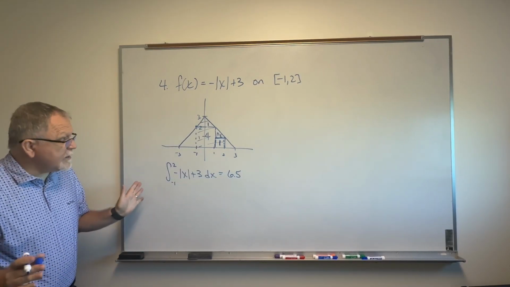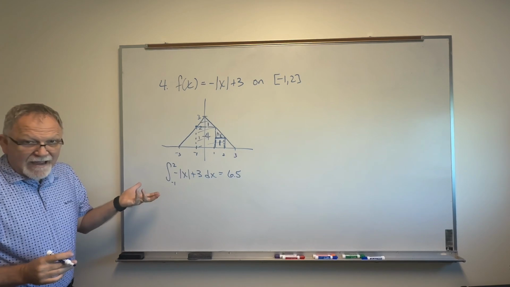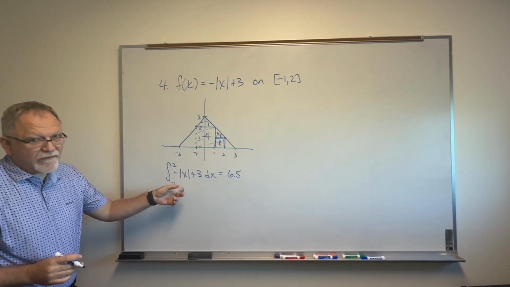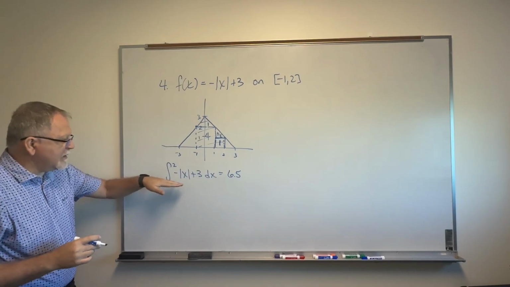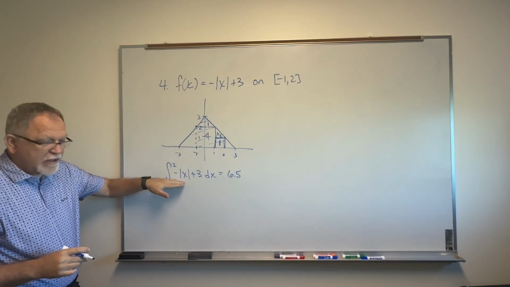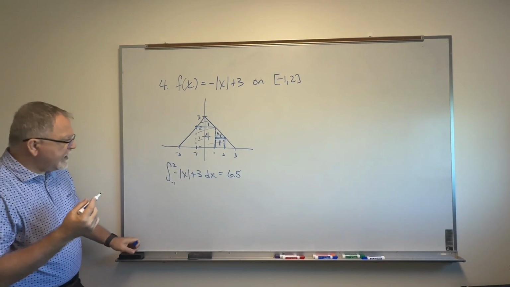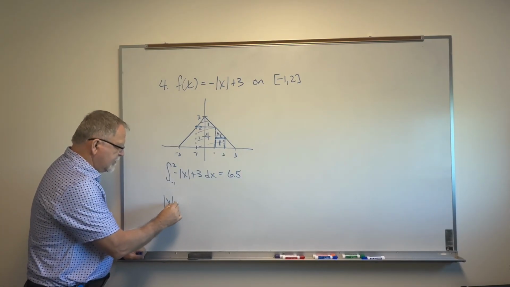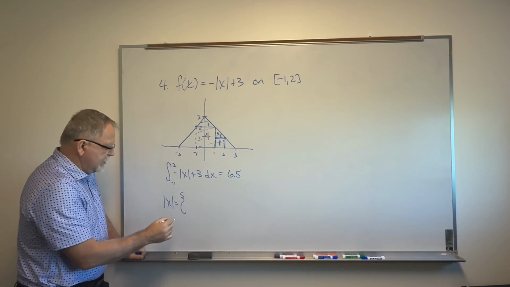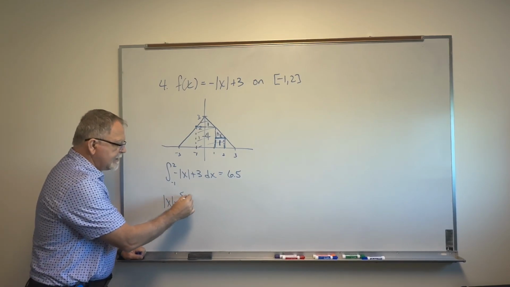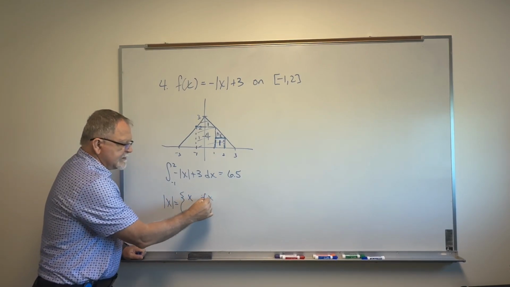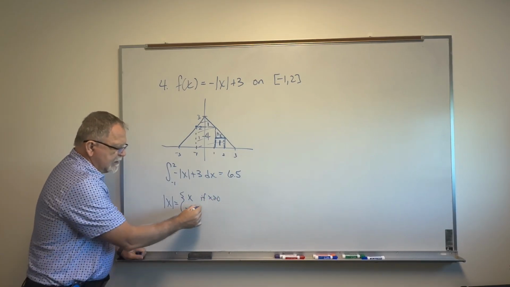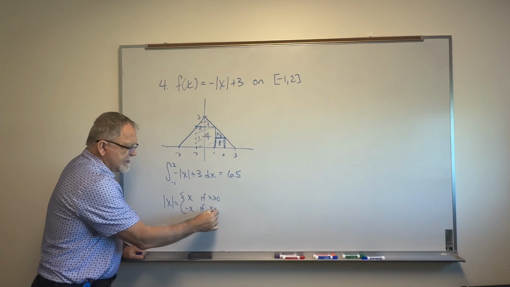Okay, so far so good, not too bad. The next thing is I need to figure out what function has this as its derivative. That's where it gets a little bit complicated because we haven't dealt with the absolute value before. The absolute value is formally defined like this: it's x if x is bigger than or equal to 0, or it's the opposite of x if x is less than 0.